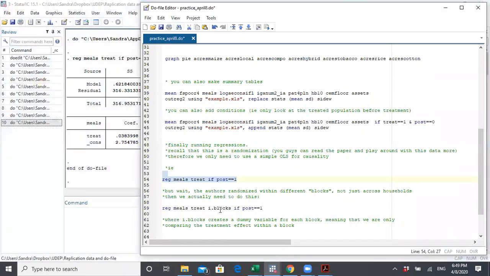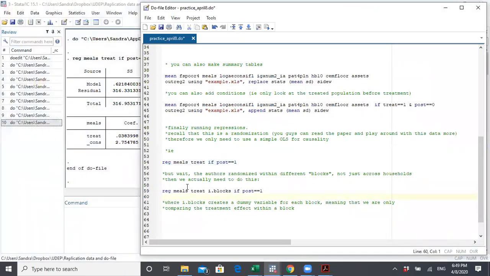Also, for example, in this paper they conducted randomization at a larger level. They created blocks that they thought might affect different outcomes. So we don't want to randomize among households, we want to randomize among blocks.